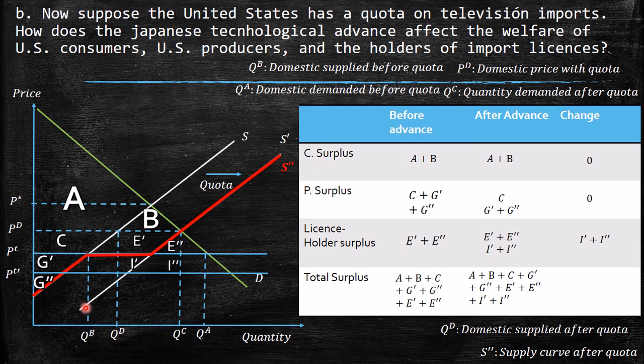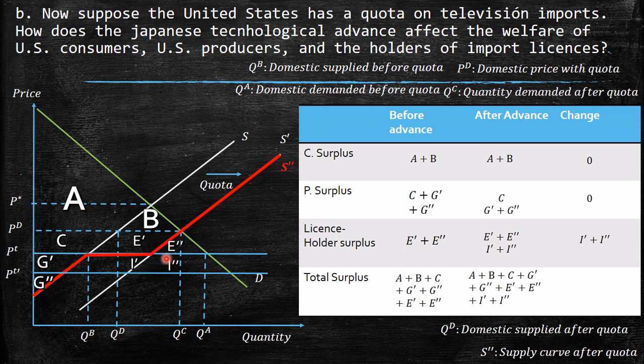Quota means that there is just this limit of imports. In this case the license holders can import this quantity. Automatically, when this limit is reached, the supply curve is going to be this one, with the same slope as before. So this is going to be the new supply curve.